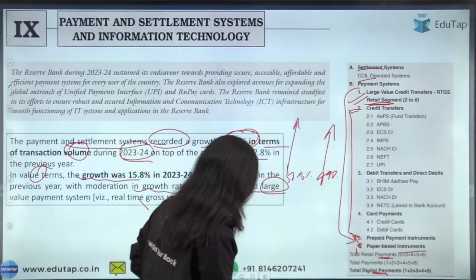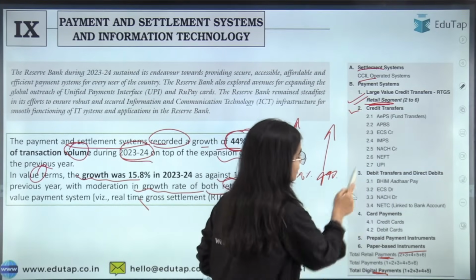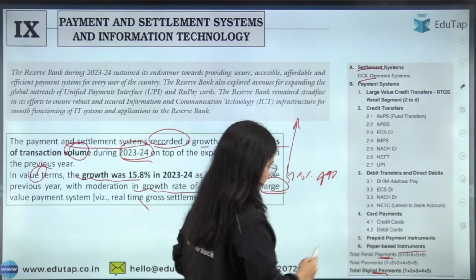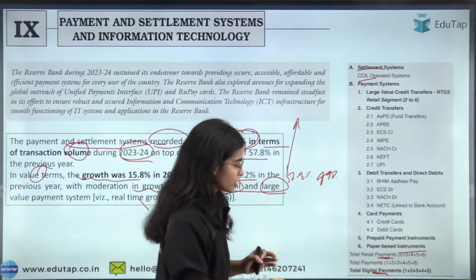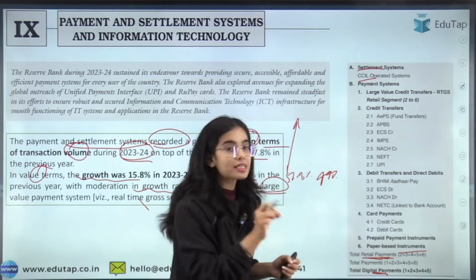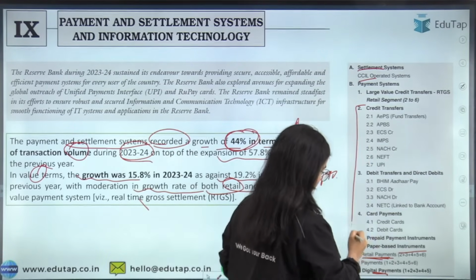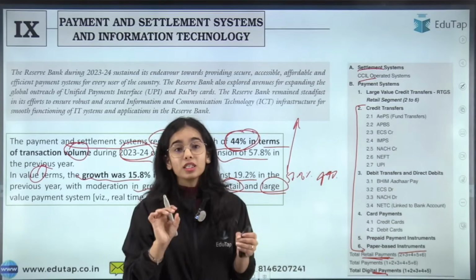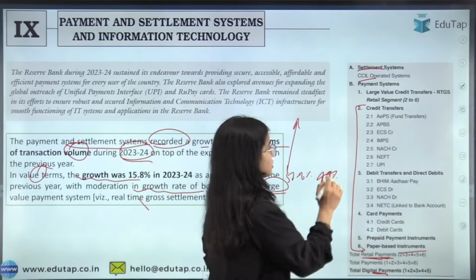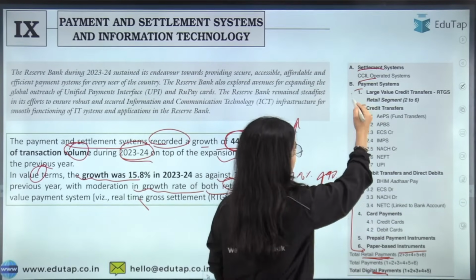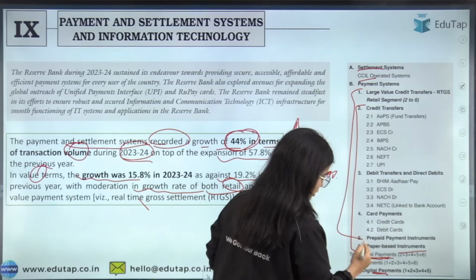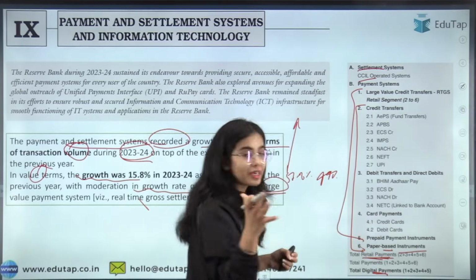Digital payments, so usually you get confused between the digital payments and the retail payments. So retail payments under the payment and settlement systems are this. Okay, the digital payments are this. So in the digital payments, the paper-based instrument cannot come, right?